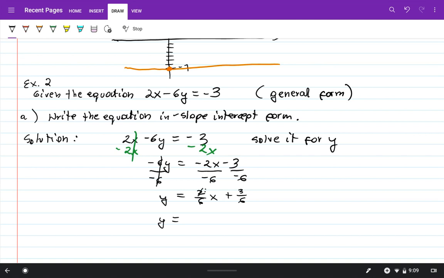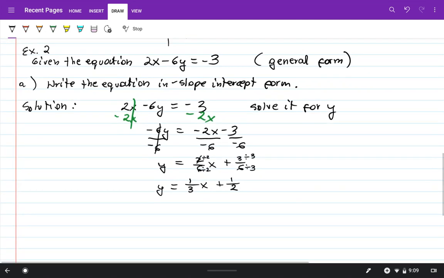So 2 divided by 2, here both numbers we divide by 2 will give you 1. 6 divided by 2 will give you 3. So we have 1/3 x plus 3/6. This is just 1/2. Reduce the fraction by 3. So 3 divided by 3 will give you 1. 6 divided by 3 will give you 2. So this is the slope-intercept form.